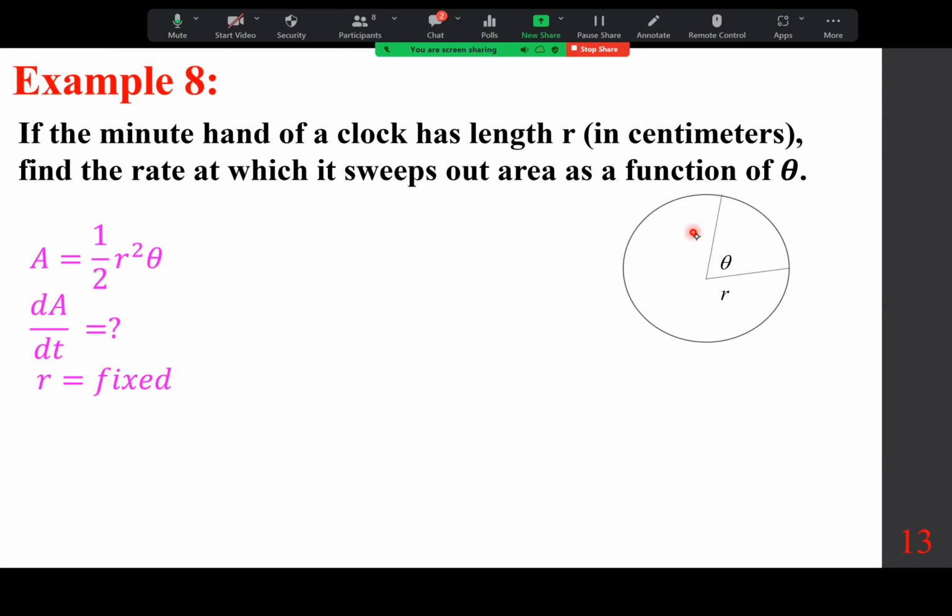R is not a variable. It is the angle that is varying. And I'm going to remind you that if you recall, the area of a circle is pi r squared.